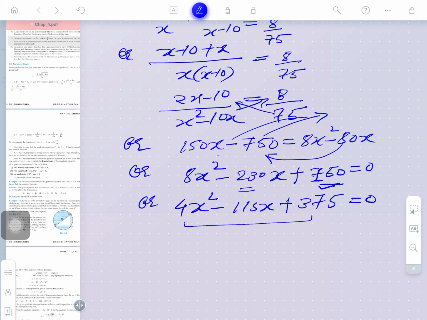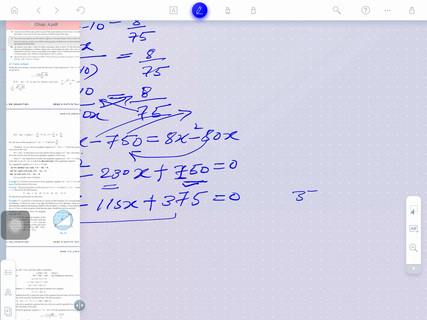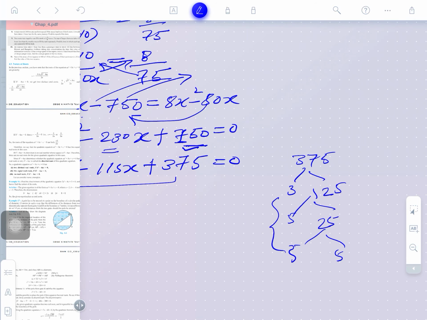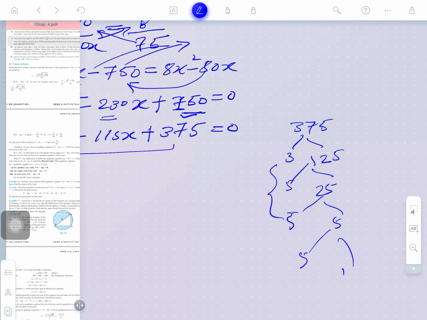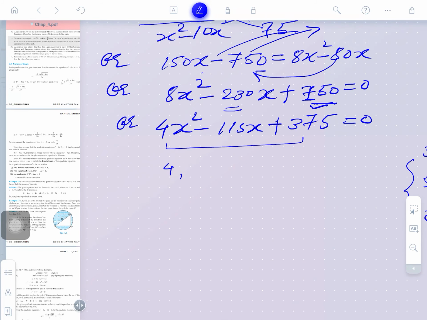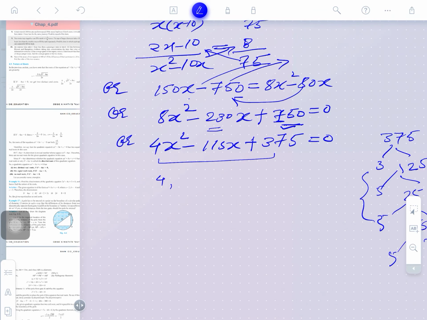Now 4 and 75. So what are the factors of 75? 3, 5, and 5. Clear? 3 times 5 times 5.